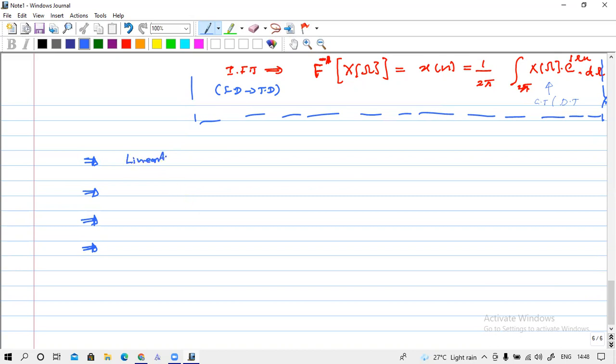What is the linearity property? You already know that. I don't think I have to explain it much, because we have seen these things in case of continuous time signals. So you can note this down.